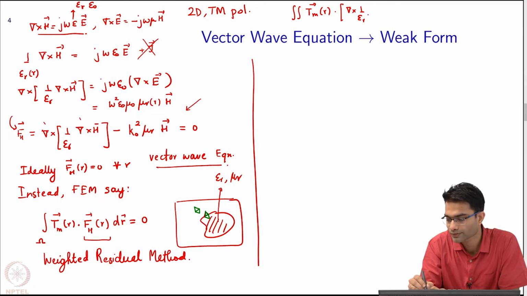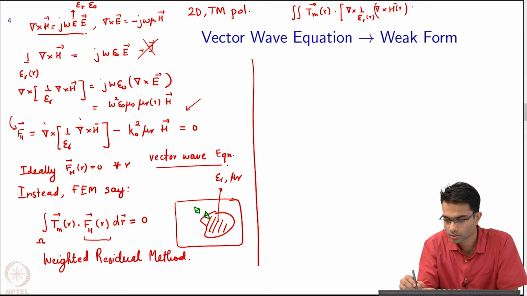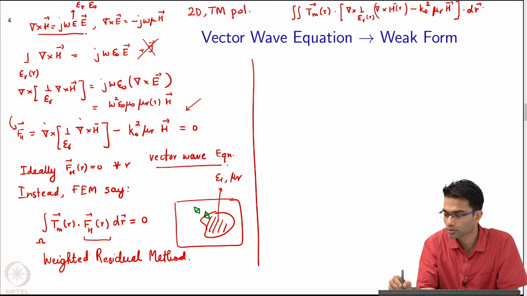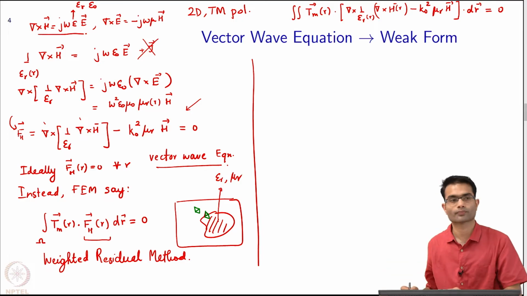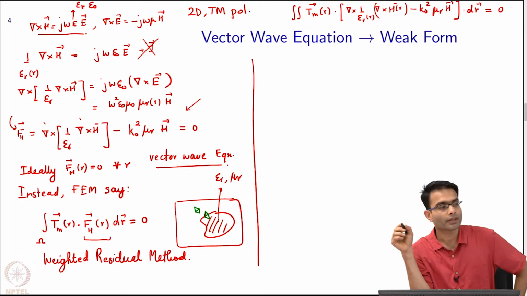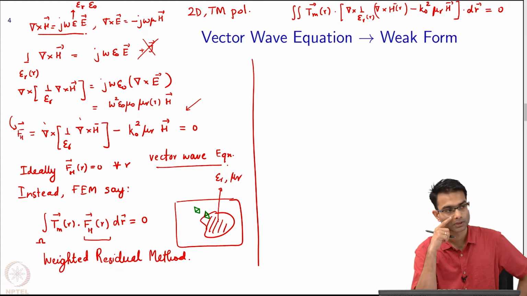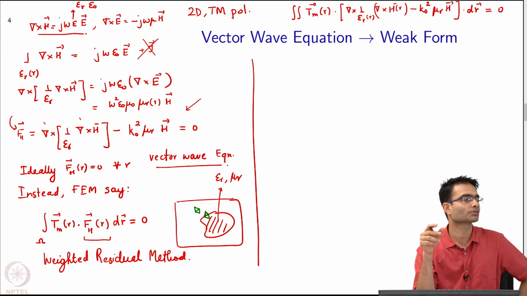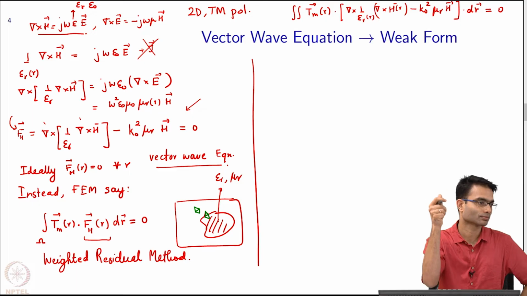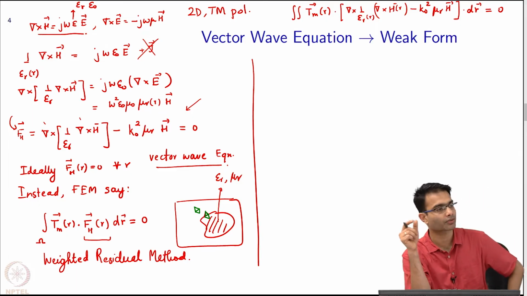Remember epsilon r is a function of space, okay, otherwise the problem is not interesting. Okay. So, I have written dot dr, since we are considering a 2D problem, this is a 2-dimensional differential. For example, this could be a dx dy z hat. Okay. So, I am writing it in short notation as d vector r.